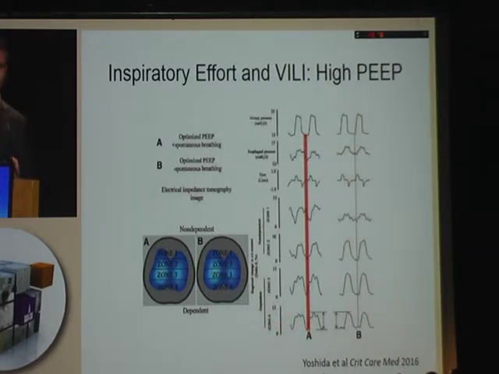So the application of PEEP greatly relieves the degree of local volume trauma that's occurring as a consequence of spontaneous breathing. You can also see on the EIT images that you've got a much more homogeneous distribution of ventilation under both conditions. So this suggests that you can use high PEEP in spontaneously breathing patients to mitigate some of the features of lung injury that are specific to spontaneous breathing.